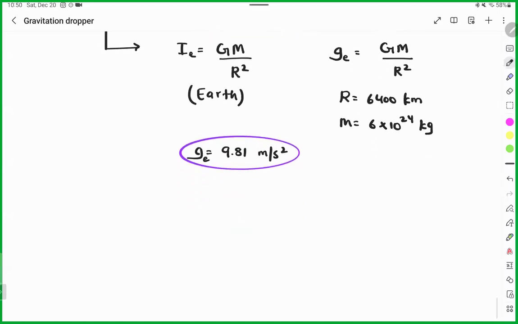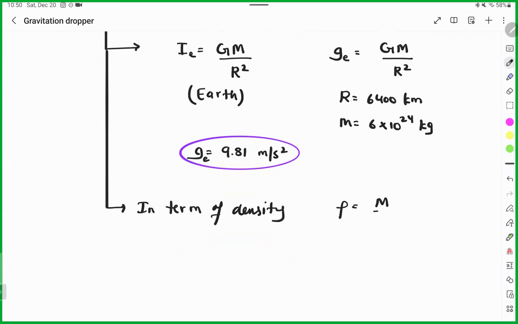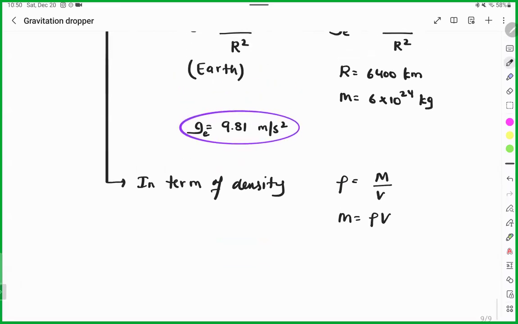Sometimes it is given in terms of density, because sometimes you don't have mass, you have density and volume. You can write in terms of density. You know density is equal to mass by volume. So mass will be density into volume. Sarah, mass is equal to density into what should be the value of the volume?